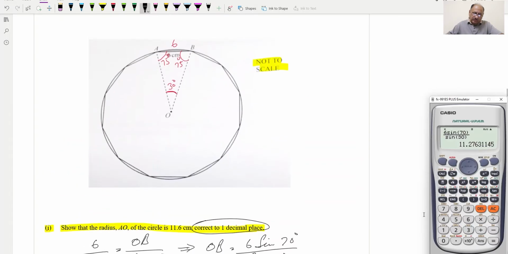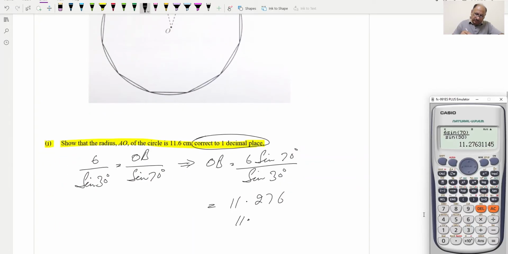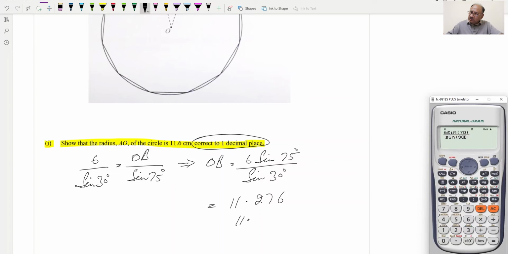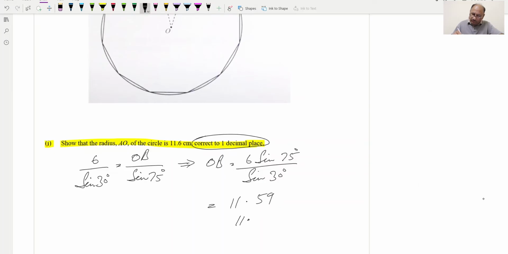If we check, this is 75, so by mistake we have taken 70, so we will rectify this and check the calculation again. This will be changed to 75, and this is giving us 11.59. So 11.59, we can round it to 11.6 centimeters, and this is what we have proved.